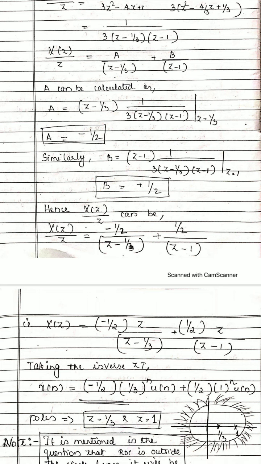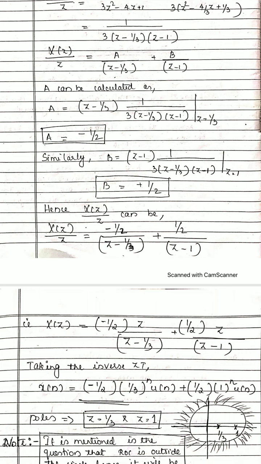Then you can take z to the other side, the right hand side. It becomes X of z is equal to, as it is, minus 1 by 2 z divided by z minus 1 by 3 plus 1 by 2 z divided by z minus 1.